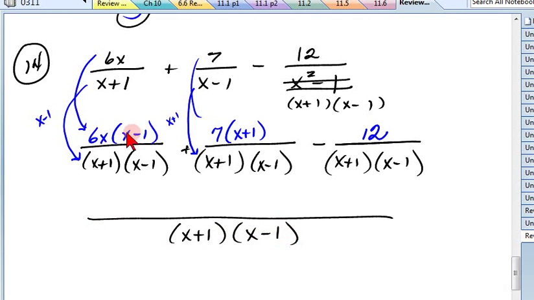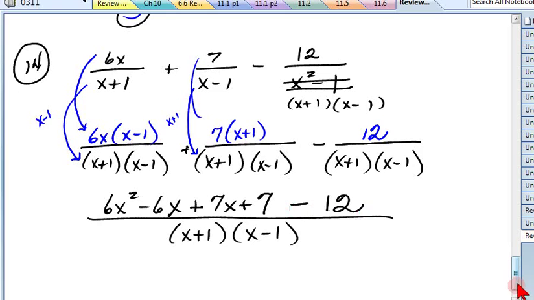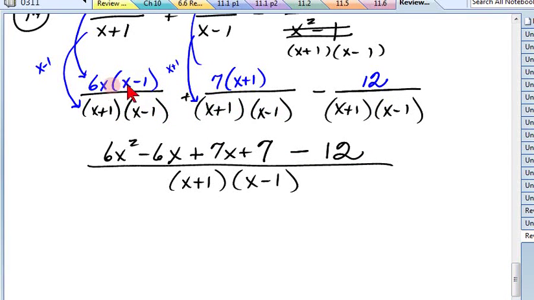The first numerator, if I distribute, that gives me 6x squared minus 6x. Plus sign. 7 times x is 7x. 7 times 1 is 7, and minus a 12. So I use distributive property for the first numerator and for the second numerator to get these terms.